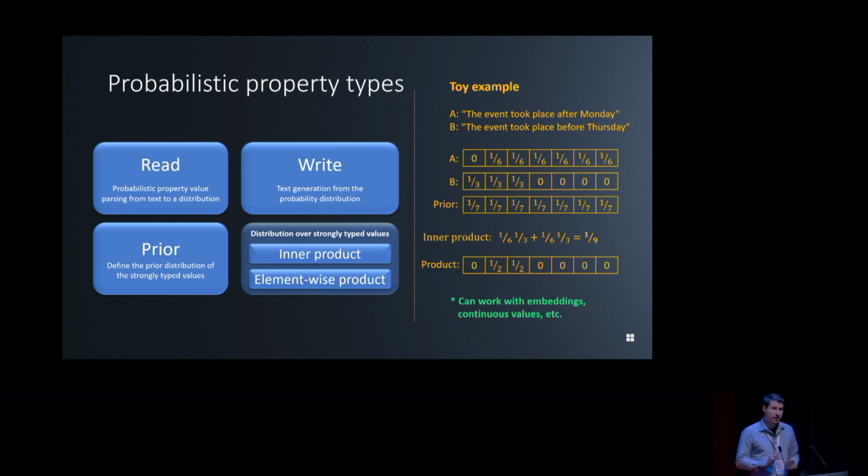Now, it will be parameterized differently. For instance, the prior over people heights will be different than the prior over airplane wingspans. But the rest of the operations will be reused across the board, and you can support a very large variety of properties with very few probabilistic property types.